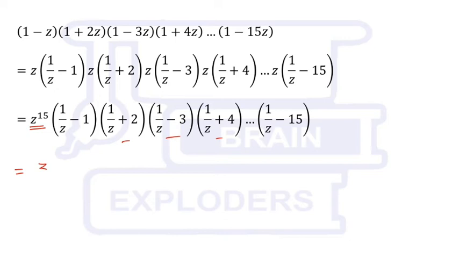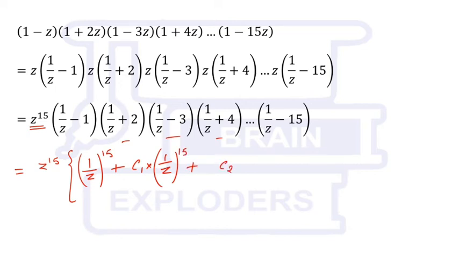If we do the expansion of this expression, we will get 1 over z raised to the power 15 over here, then a constant times 1 over z raised to the power 14, and a constant times 1 over z raised to the power 13, and other terms.